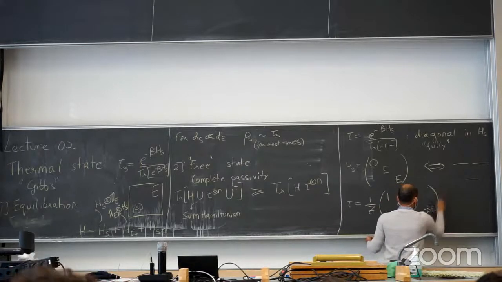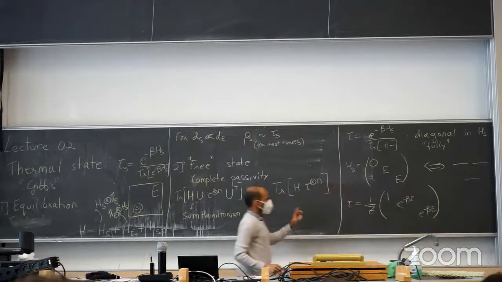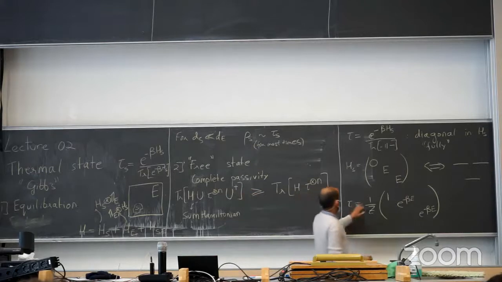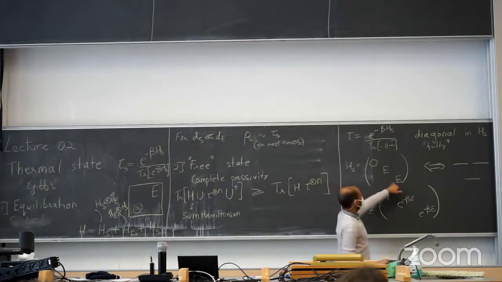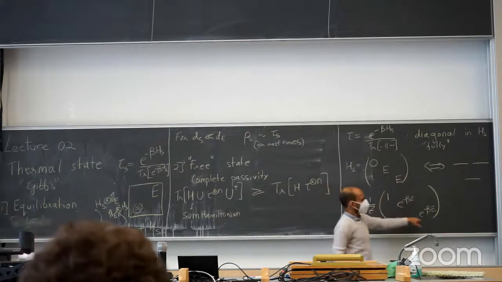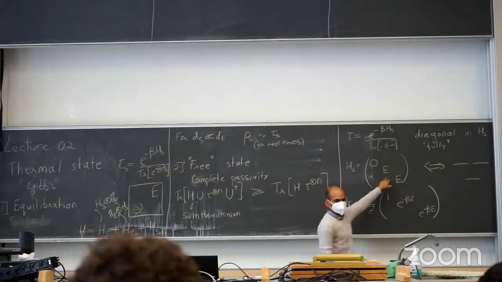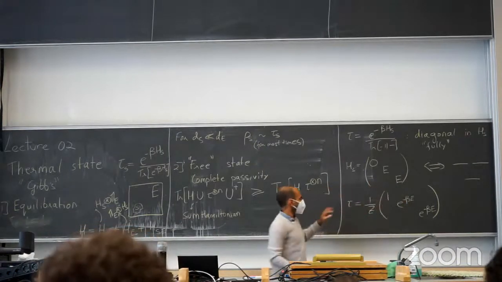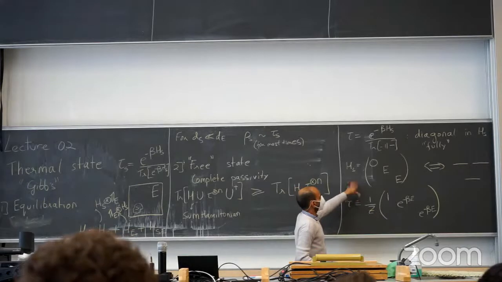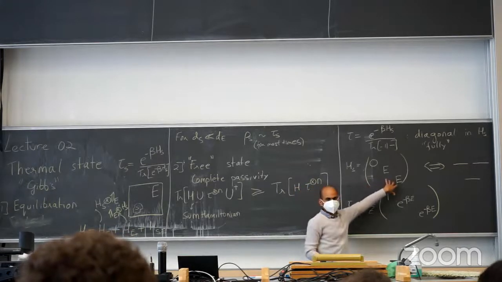Now here's a very important fact. For every energy that is the same, the thermal state has the same population because it's the exponent of beta E. And what this means is that we know from linear algebra that if we have a degeneracy in states, we are free to choose a basis.